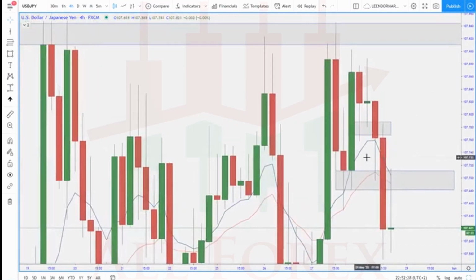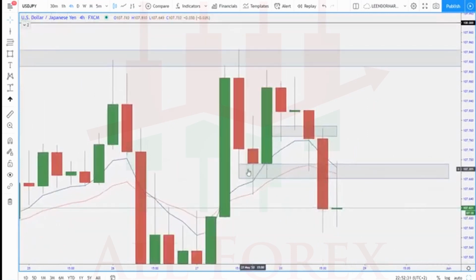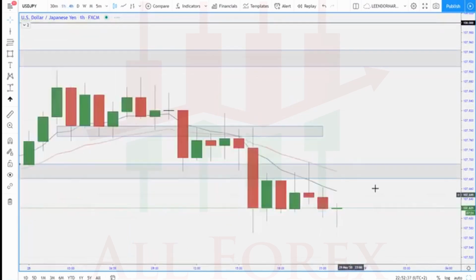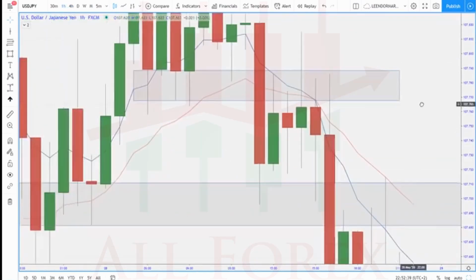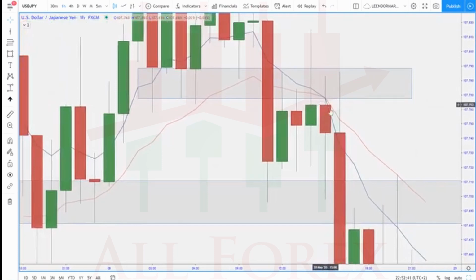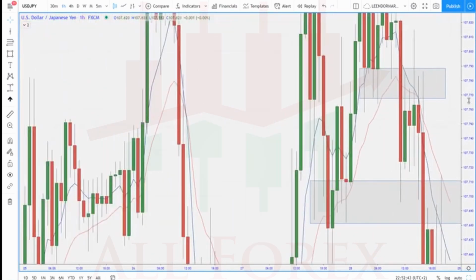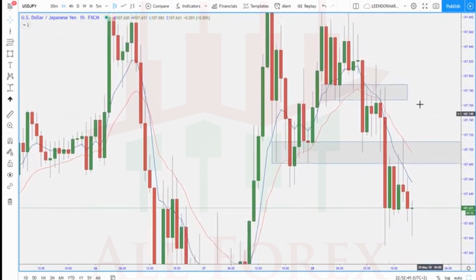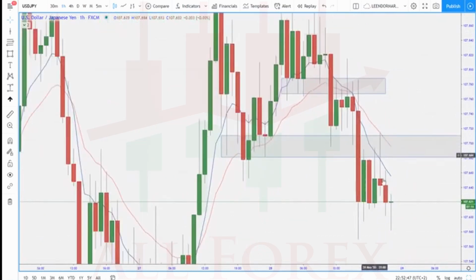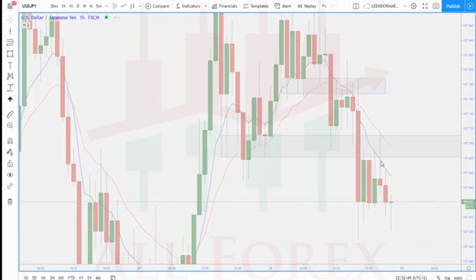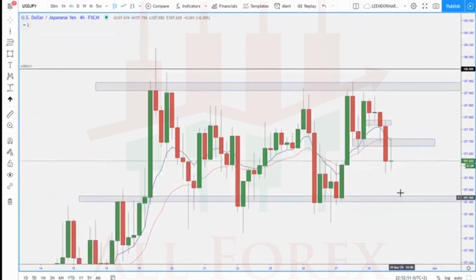There are a lot of confirmations on this chart. Number one, the market broke past this level. Number two, the moving averages are about to cross. I'm pretty sure that when we go to the H1, they have actually crossed. Look at that. They crossed over there, confirming the beginning of a new trend, which would have given us an entry as well. And now the moving averages are crossing on the H4 to even confirm the lock of that drop.